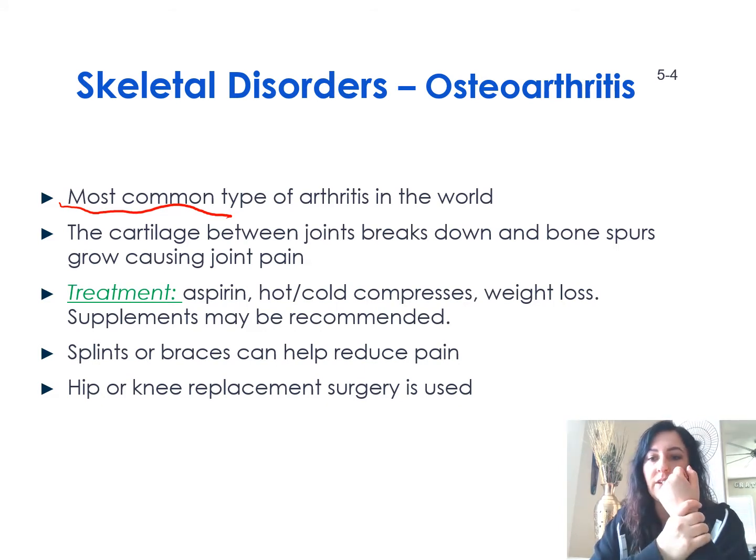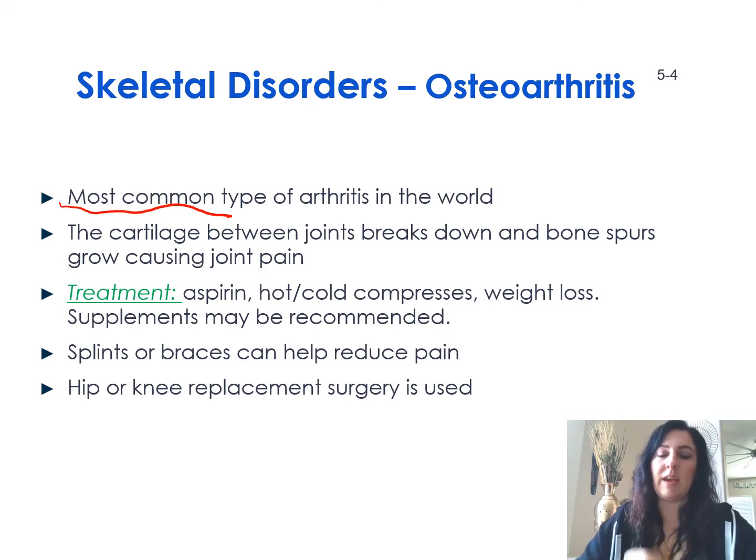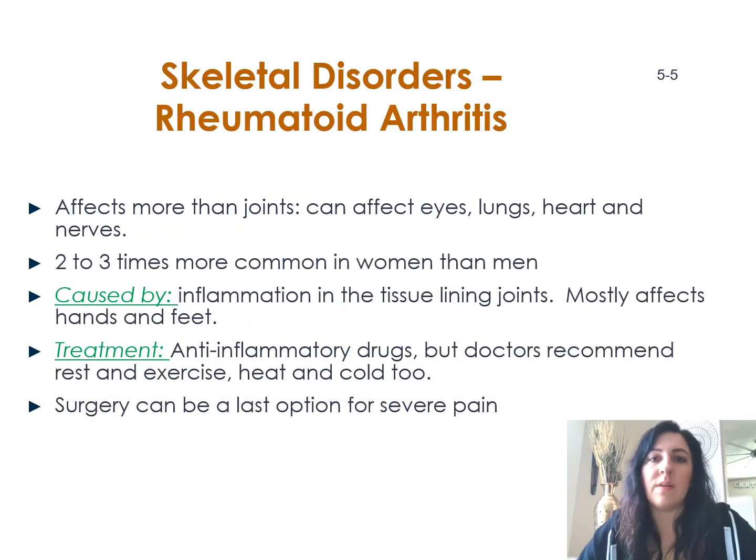So that's going to help kind of press down on the pain. And it does help, because I know my grandmother, whenever she has her episodes, she'll use some sort of wrap in the area that hurts, and it really reduces a lot of her pain. Okay, so also there's hip and knee replacement surgery as well.